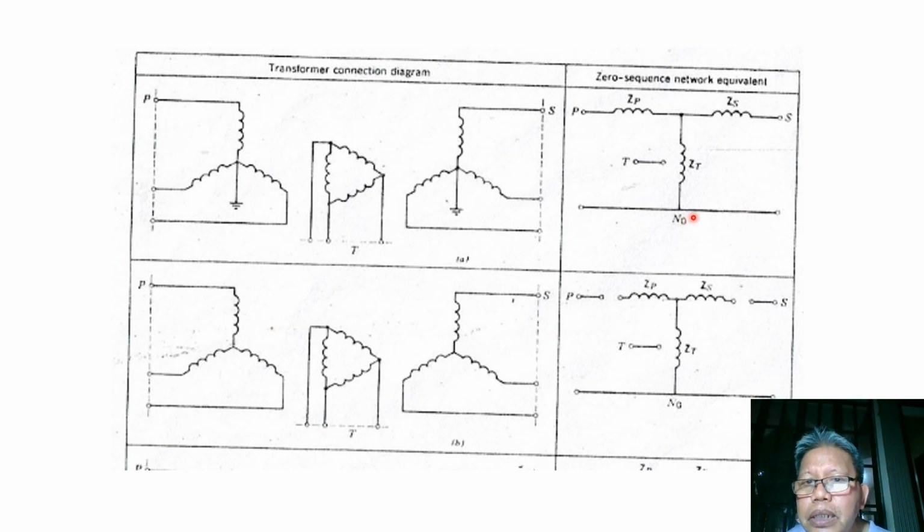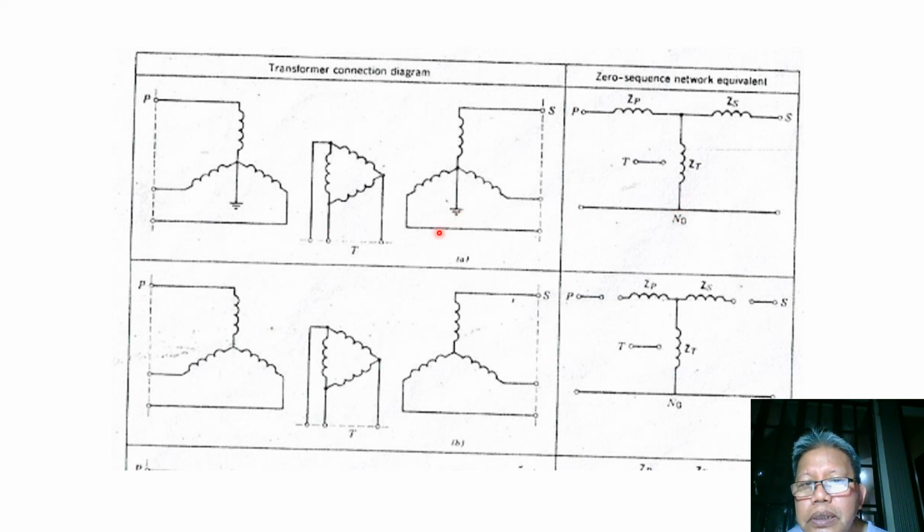So meaning with respect to the primary, zero sequence current can flow, and then towards the secondary. Now zero sequence current also can flow from this point towards the neutral or reference line or to ground.